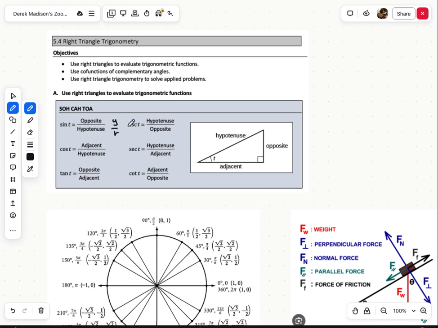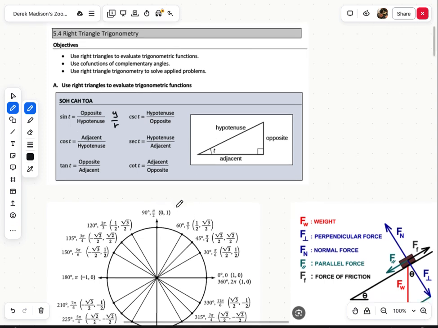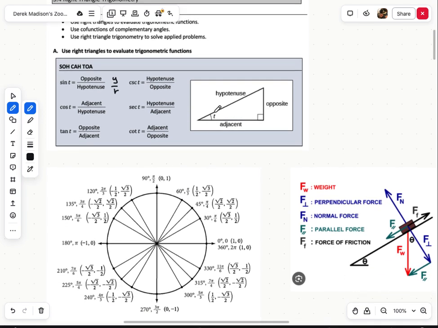And there are good reasons for having both systems, both the unit circle that we saw in 5.2, and then this, what's called right triangle trig, in 5.4 here. And I'll just do a quick little example as to why. First off, a right triangle is limited to 90 degrees, and we have more degrees than that.